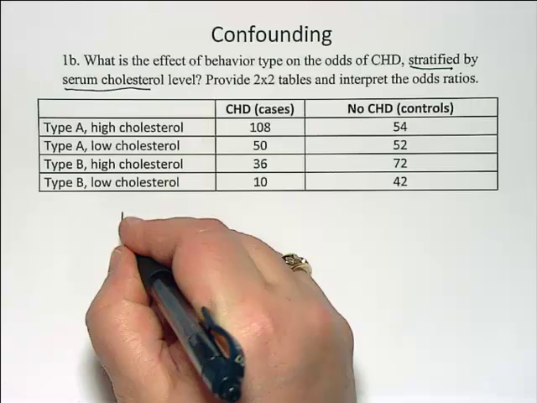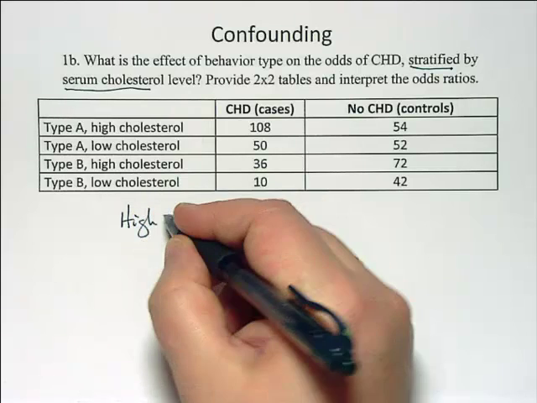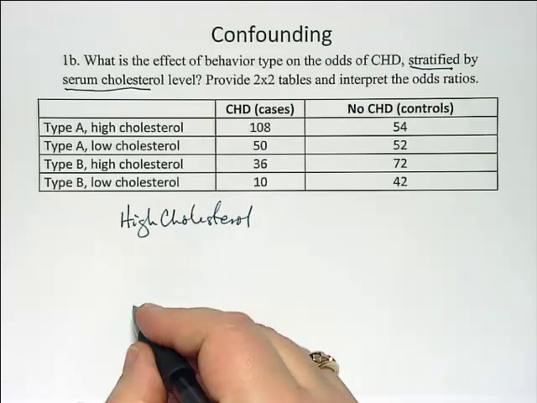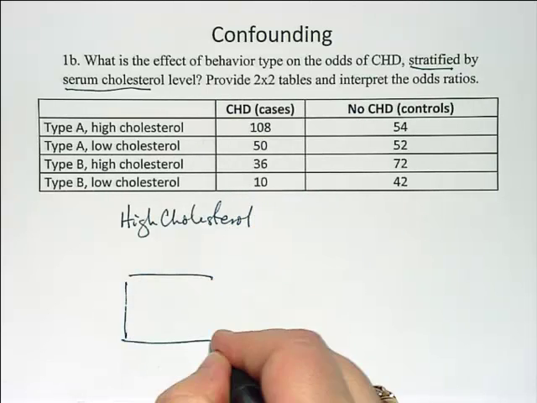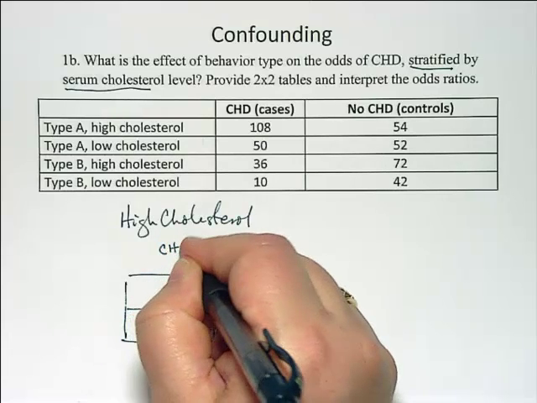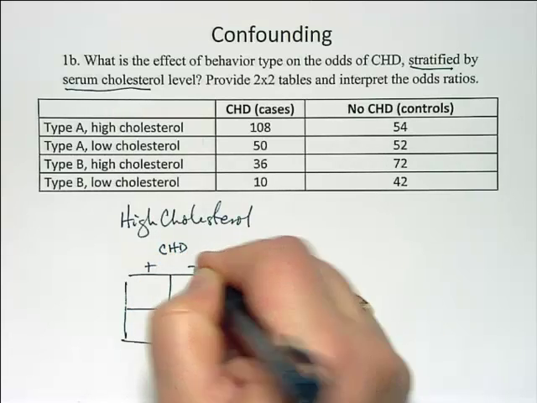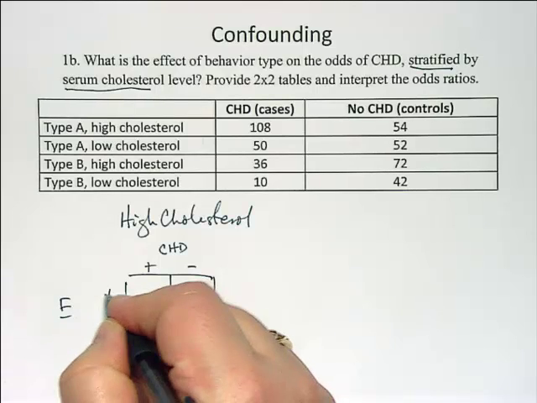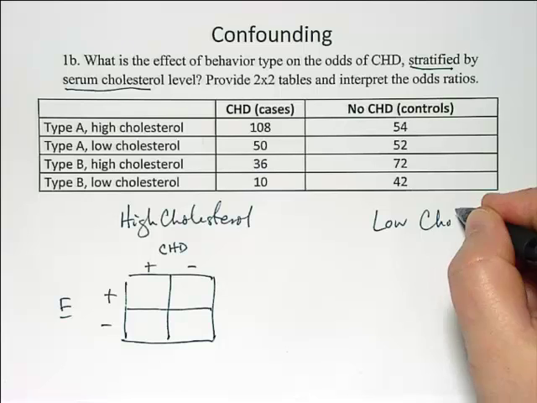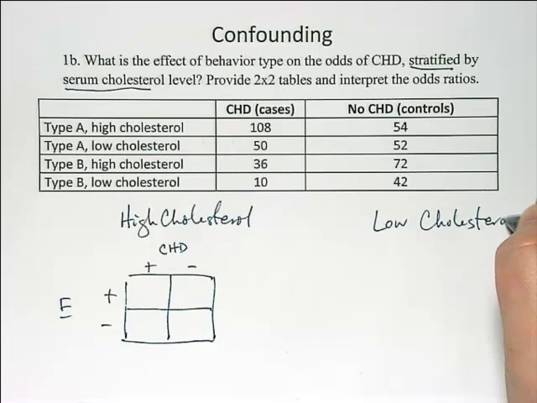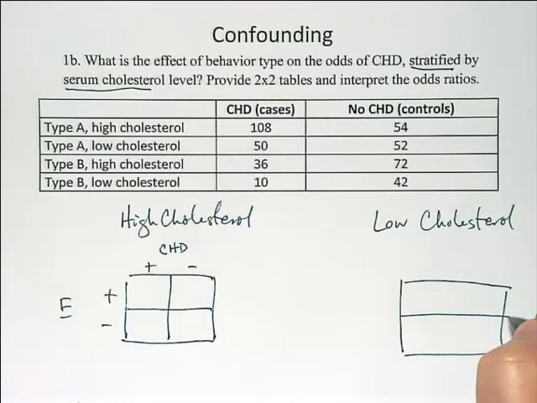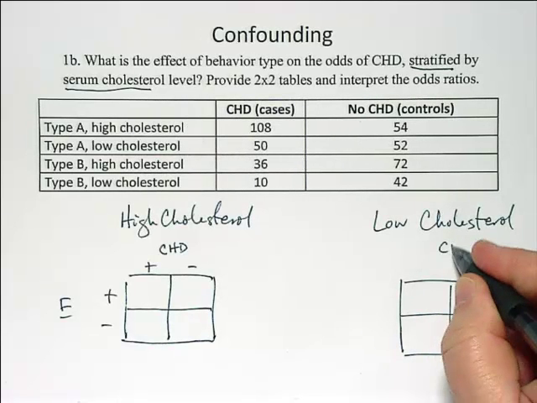It means that we're going to do two of the same kinds of 2x2 tables we just did. This is the same heart disease, yes and no, exposure, yes and no, but we're going to do it in the two different levels, or in this case strata, is the term we typically use.